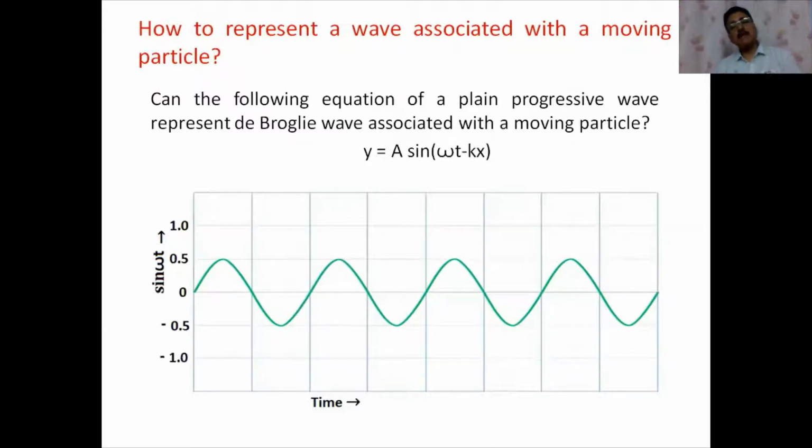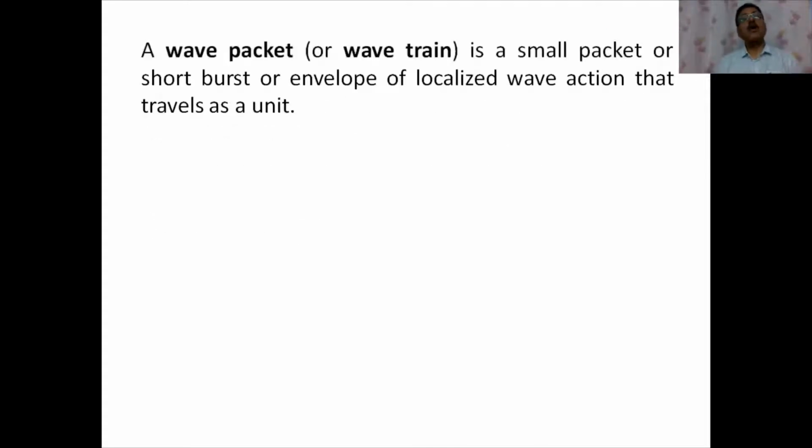So any wave that we associate with a moving particle must be finite, very close to the particle, and not extended from minus infinity to plus infinity. So certainly this kind of sinusoidal wave cannot represent the de Broglie wave associated with a moving particle. Now, how can we represent this kind of a wave then?